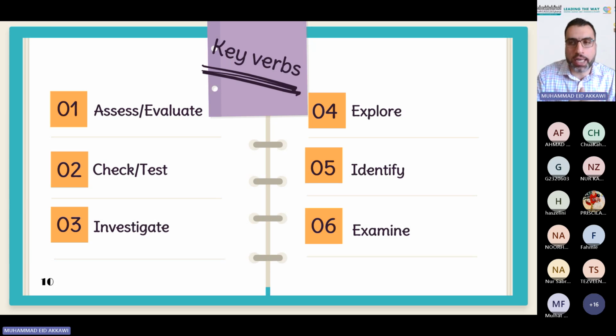Investigate usually is a systemic inquiry, which delves deep to find out new information, like investigating the factors that may be associated with this lack of adherence. Okay. Explore usually will be like your initial step.